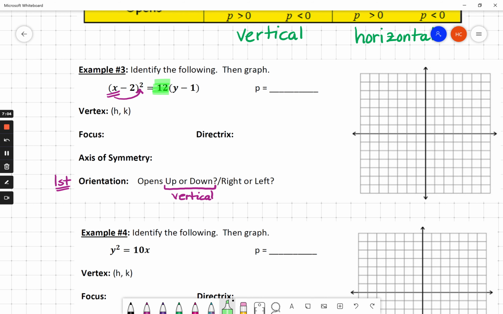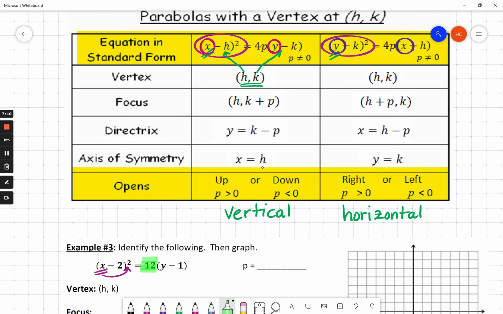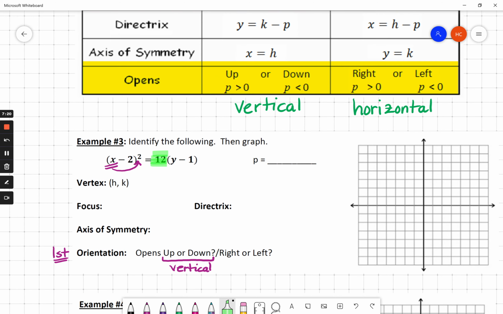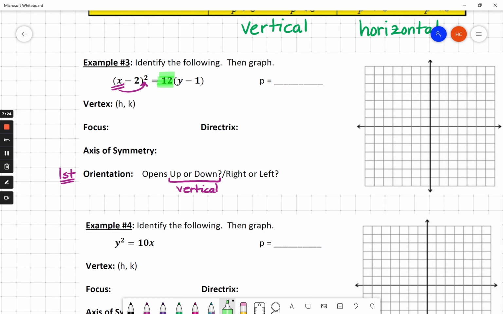In this case, that number is a 12. If you look at our chart again, the coefficient of the non-squared factor is equal to the quantity 4 times p. And that p represents a distance in our graph, and I'll show you what that p distance is. But let's calculate what 4p is.